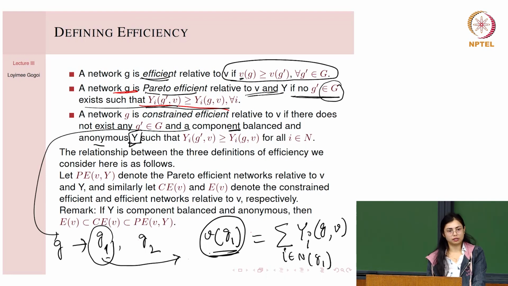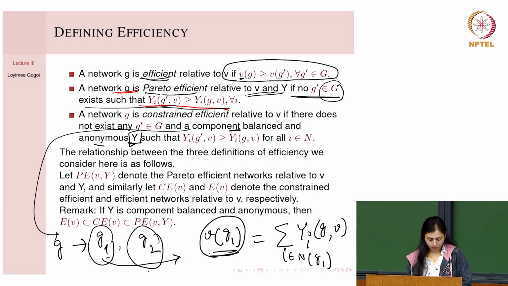Similarly for Z2, the allocation to the players in component G2 should be equal to the value generated by graph G2.